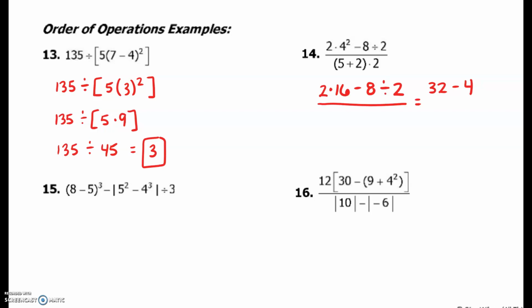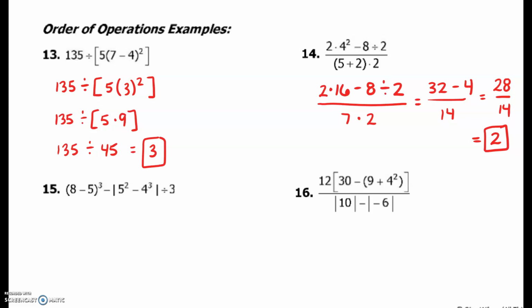And when I take 32 minus 4, the result of the numerator would be 28. Now, on the bottom, I want to start in the parentheses. 5 plus 2 is 7 times 2. 7 times 2 is 14. And 28 divided by 14 will give us a final answer of 2.